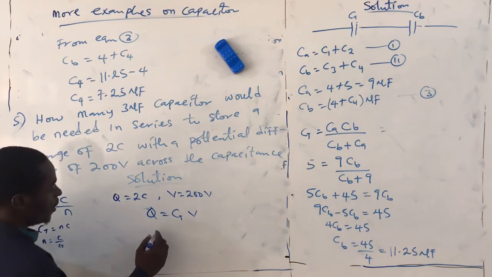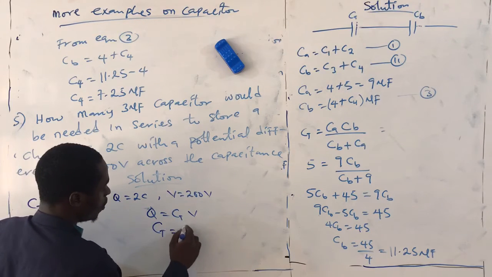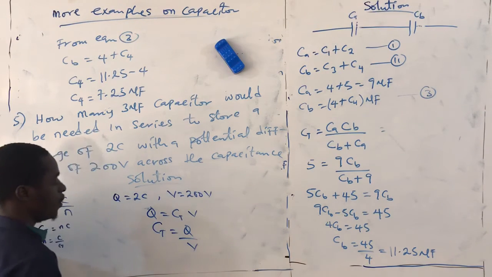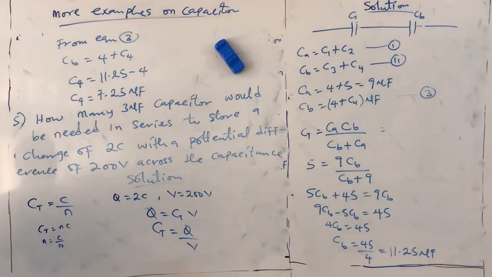So clearly, our CT can be equal to Q all over V. So we can use this to calculate the effective capacitance.